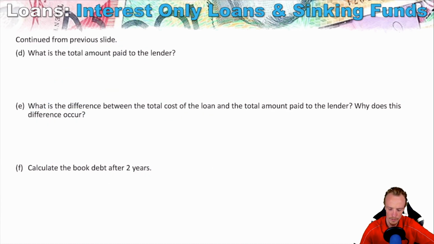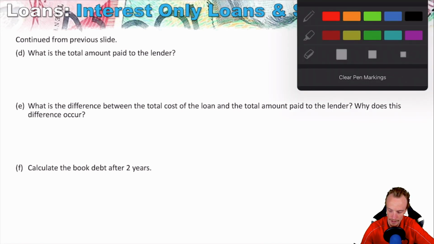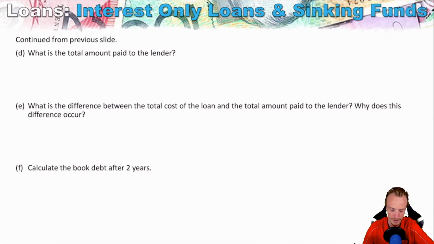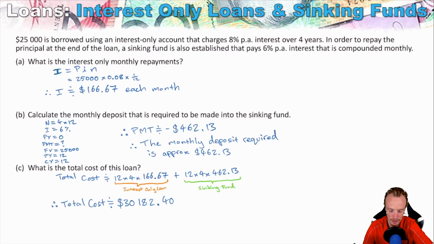So the total amount paid to the lender here, if we think about this, is going to be $25,000, because that's how much we're giving back to them at the end, plus how much we actually paid them every single time in interest.